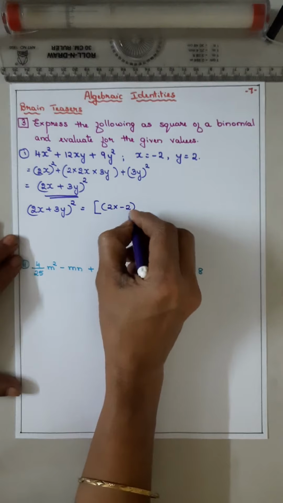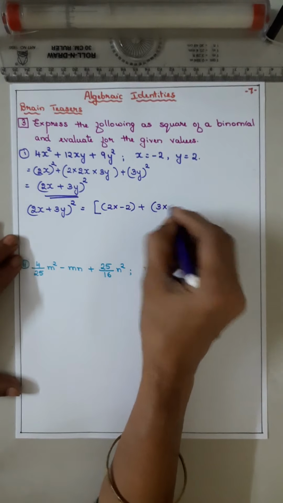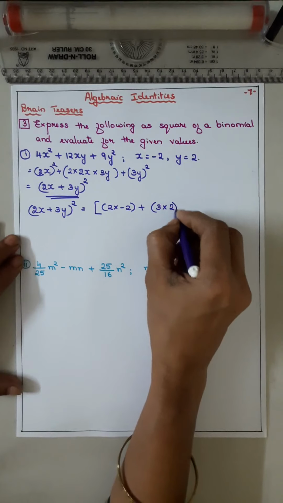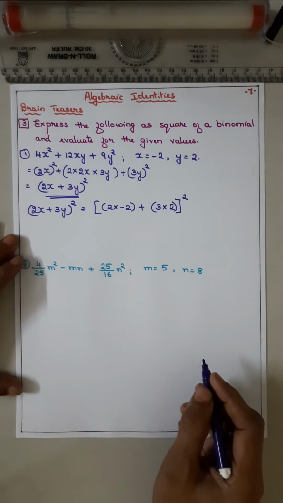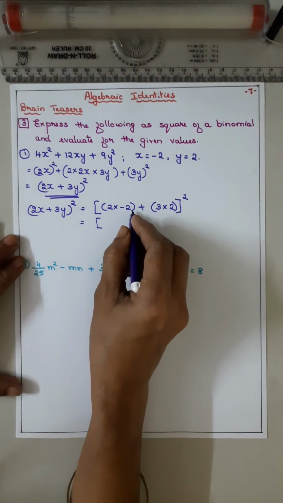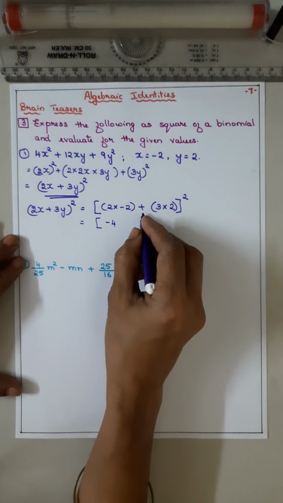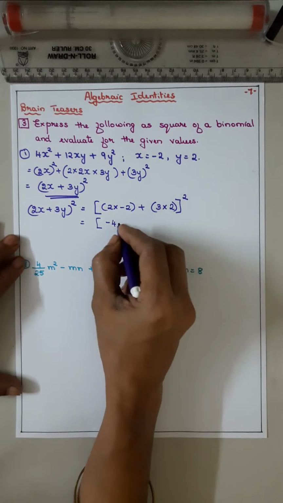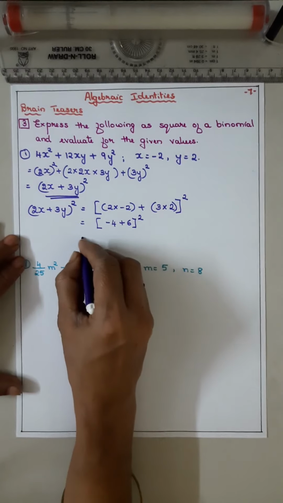Minus 2, plus 3 into y, y is 2, and square bracket the whole square. Now 2 into minus 2 will be minus 4 plus 3 2s are 6. It became plus 6 the whole square.